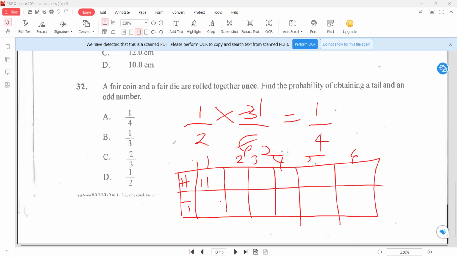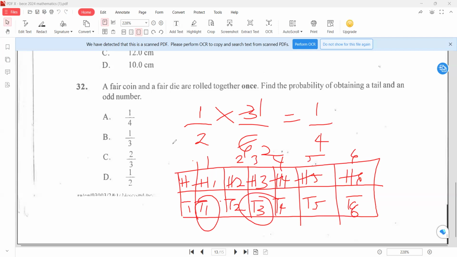Okay, so we had 1, tail 1, head 2, tail 2, head 3, tail 3, head 4, tail 4, head 5, tail 5, head 6, tail 6. All right. So you're looking at getting a tail and an odd number. So T1 qualifies as tail and odd number, T3 tail and odd number, T5 tail and odd number. And that is 3 out of 12 outcomes. So that's the same as 1 out of 4.